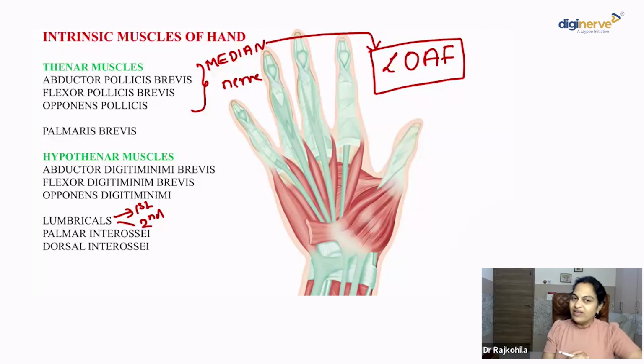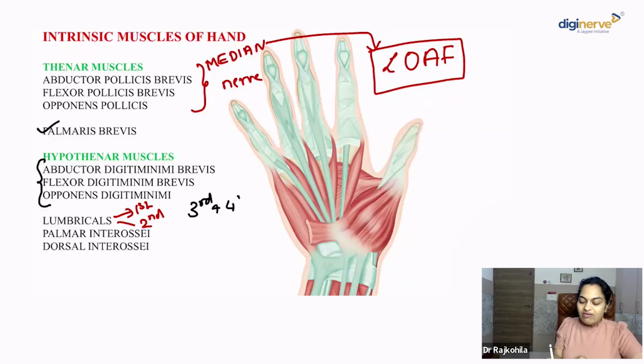All the other intrinsic muscles in the hand, including the palmaris brevis, the three hypothenar muscles, the lumbricals third and fourth, the palmar interossei, the dorsal interossei, all of them, plus the adductor pollicis, are innervated by the ulnar nerve.